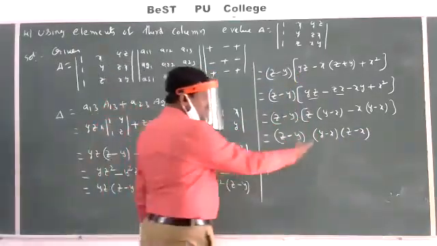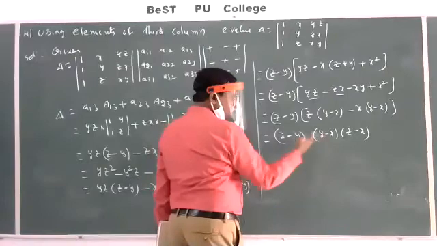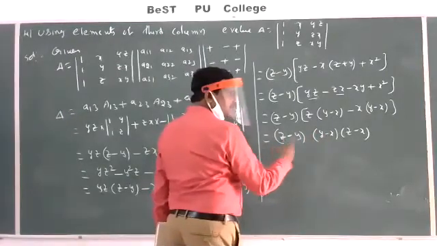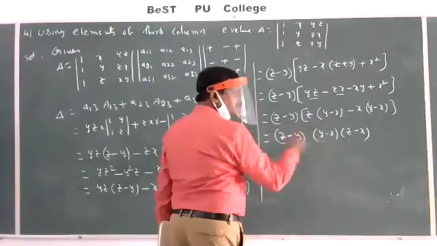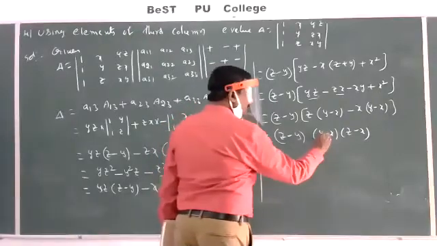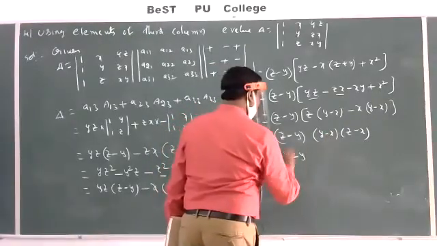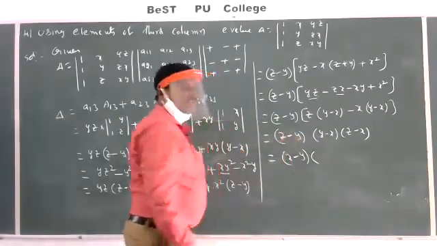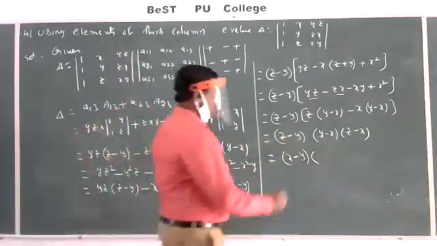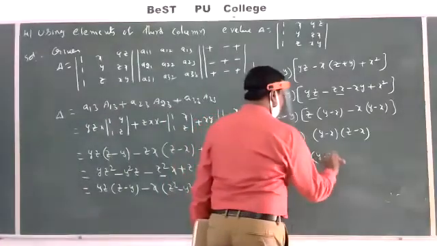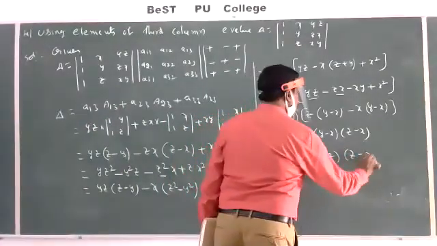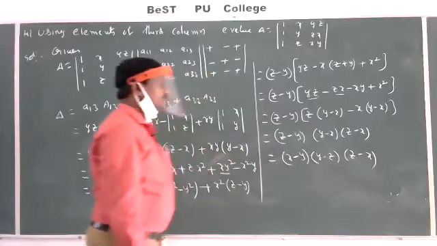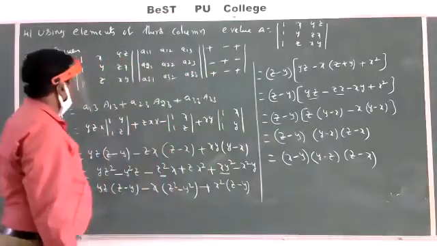Now take from this, minus is common, from this also minus is common, then minus into minus plus, it is x minus y. Here minus and here minus, minus into minus plus. That's why it is (x minus y) into (y minus z) into (z minus x). That is the final answer.